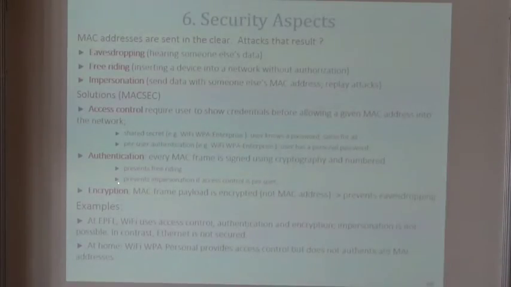Enterprise networks typically also use encryption and authentication. Authentication of the MAC frame. That means every MAC layer packet is encapsulated with an authentication header that serves as a signature for this packet. So the packet is signed and also numbered, signed by a key that you obtain during the access control phase.